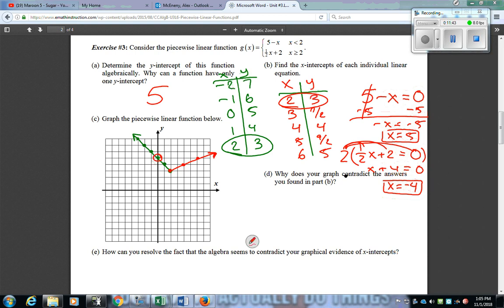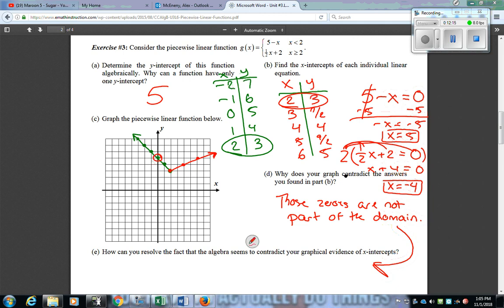So those x values, or in this case those zeros, are not part of our domain. We only use specific numbers. And that kind of leads us into part E, kind of the same thing. Again, there are zeros, but that would be a 0 if we could graph the whole entire line.